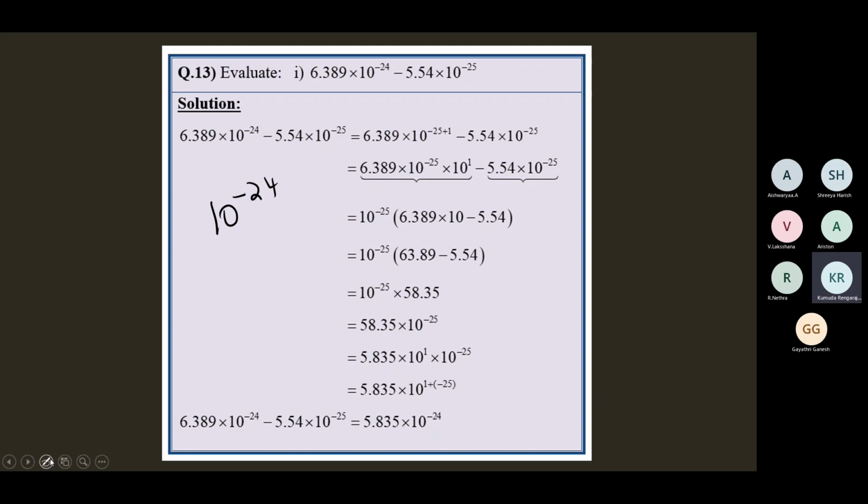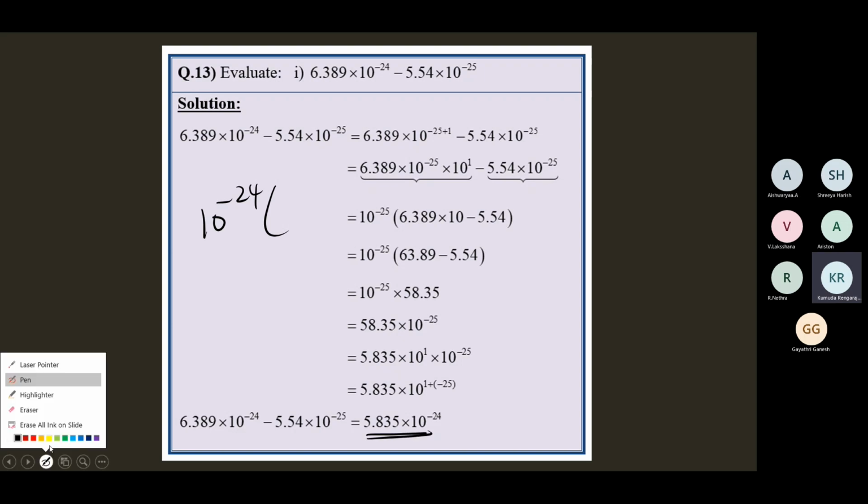So I said take out the smallest power common. You can always do that. However, you can take out any of it common. You can also take out 10 to the power minus 24 common and work it. You will get the same answer. The final answer will be the same.